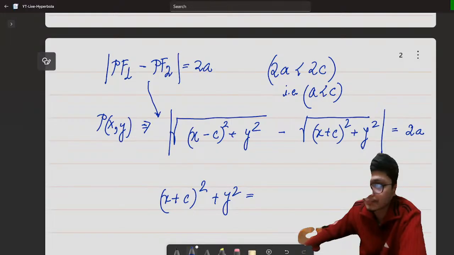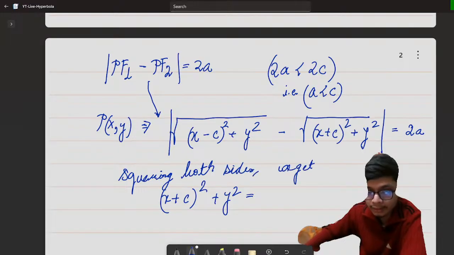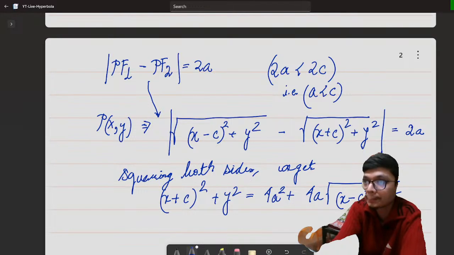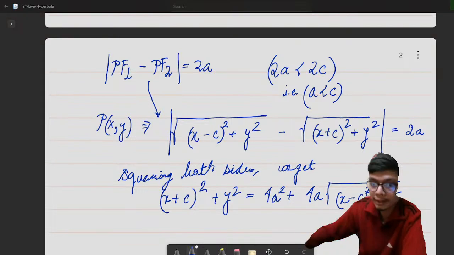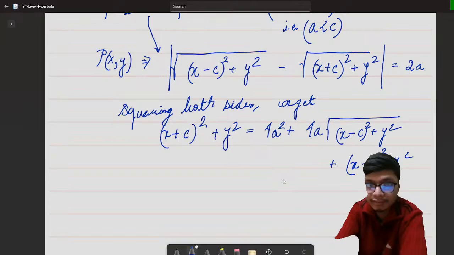Squaring both sides, we get 4a squared plus 4a times the square root of (x minus c) whole squared plus y squared, and then we'll have (x minus c) whole squared plus y squared. This is the expression we will have now.